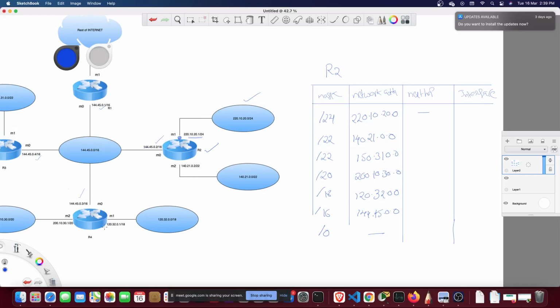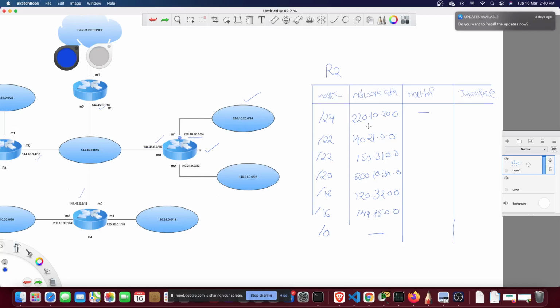Assuming the packet is coming from here, R4, it is indirect delivery. The packet moves indirectly to this router, and then from here the router transfers it directly, because there is no need to deliver to a next hop. It is directly connected. So when a packet is being forwarded, there will be at least one direct delivery and zero or more indirect deliveries. In indirect delivery, the packet travels from router to router and finally reaches the destination.